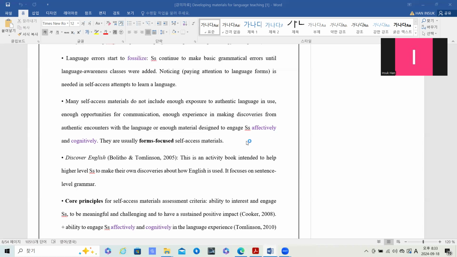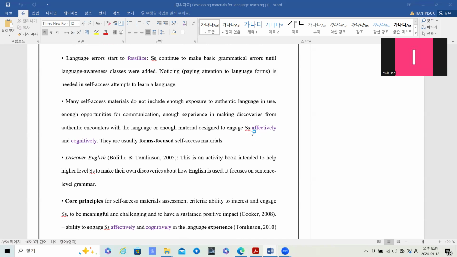But I think the first thing the materials writers can do is try to involve some activities that consider students' interest and their concern or their comfortable environment.